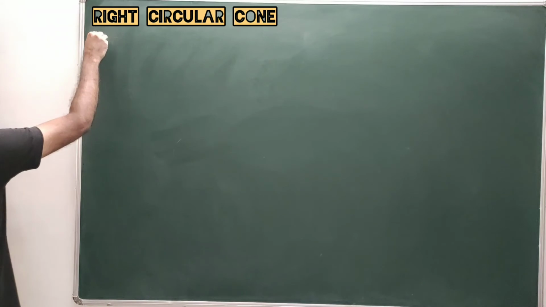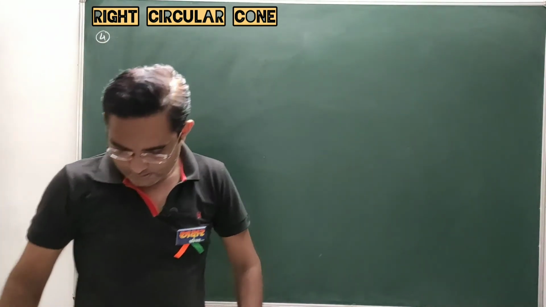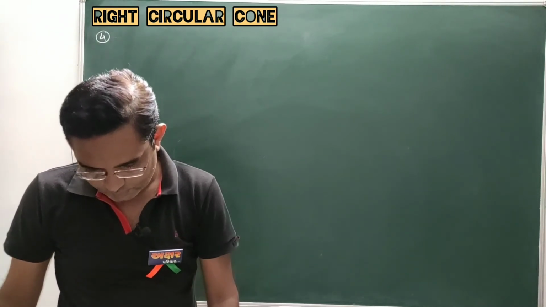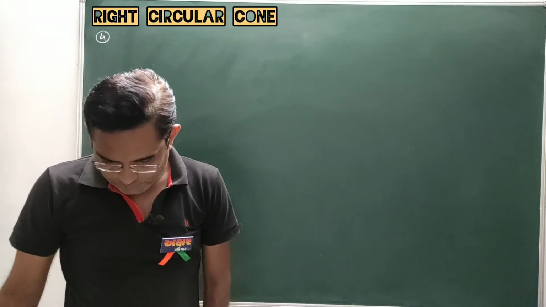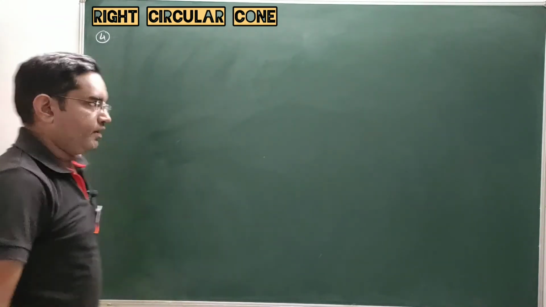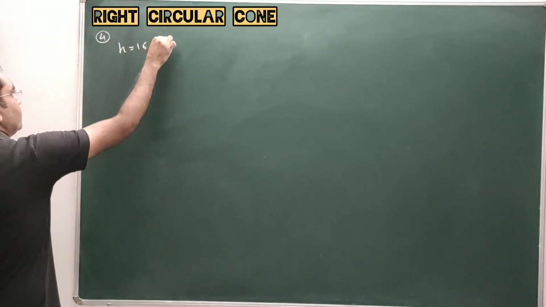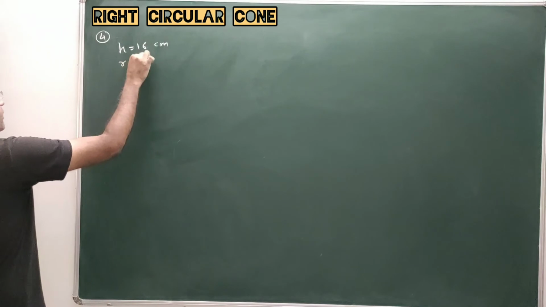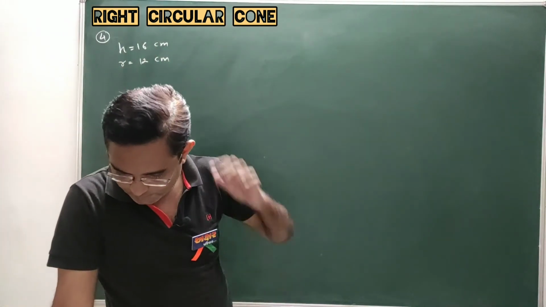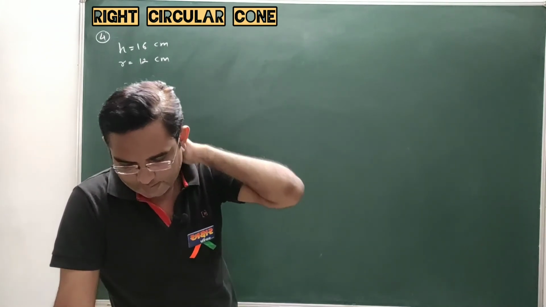Students, now question number 4. The height of the cone is 16 centimeter and the radius of the base is 12 centimeter.